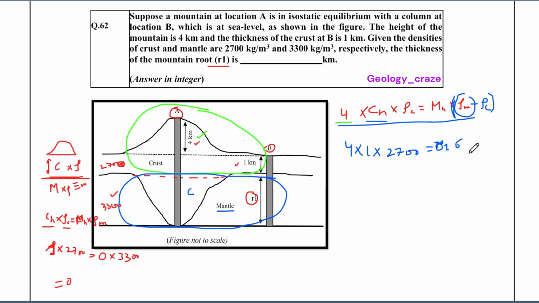So here we are getting 6 under this side. I will cut these two zeros. If we multiply these two, we will get 108 on this side, and R1 into 6. Now 6 into 18, so in total we are getting 18 kilometer.